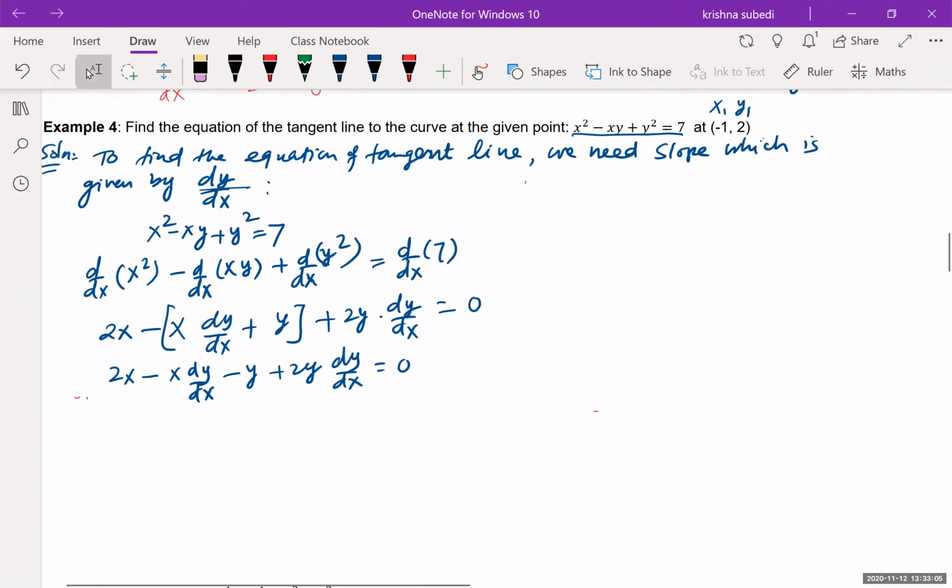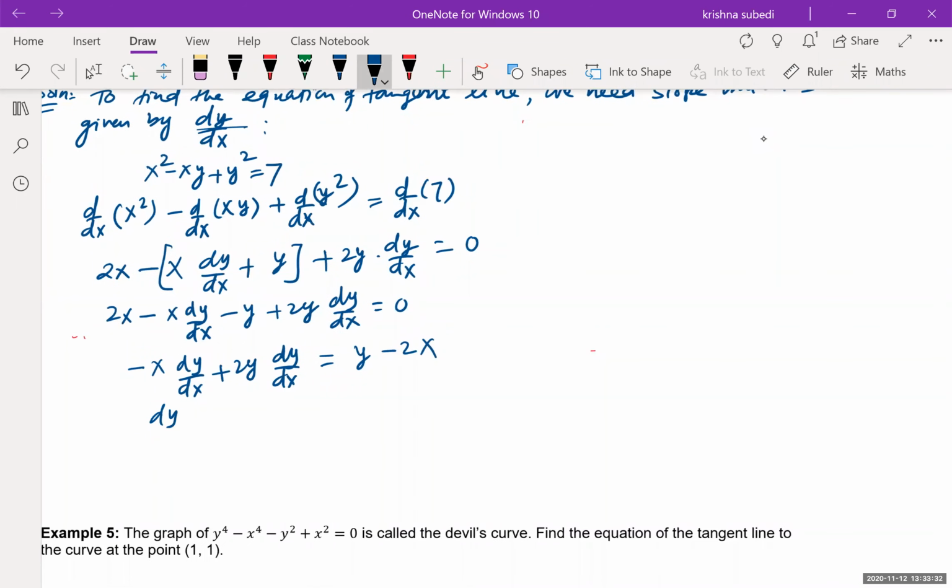Now we want to keep all the terms with dy over dx on one side and the remaining on the other side. So what we got here is negative x dy over dx plus 2y dy over dx on this side of the equation, and then this y will be positive y minus 2x.